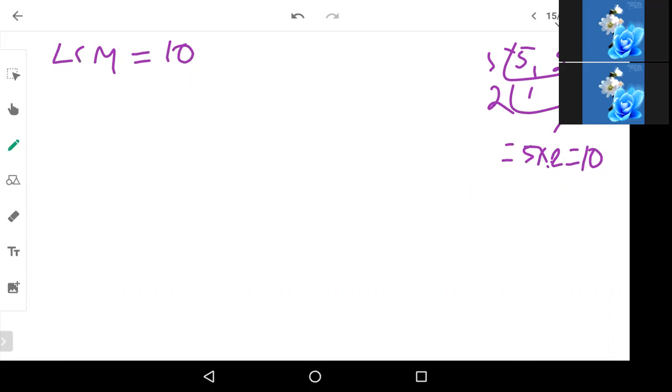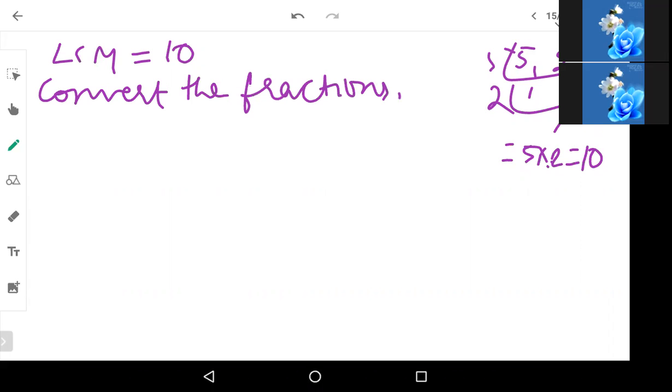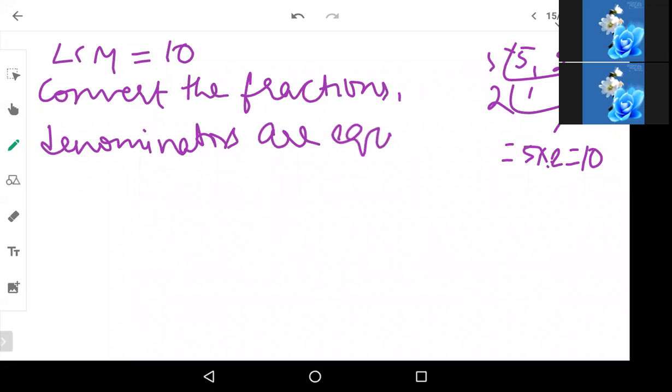Okay, now convert the fractions where denominators are equal. What we are trying to do is, if you take the first fraction 2 by 5, we are trying to make the denominator as 10.